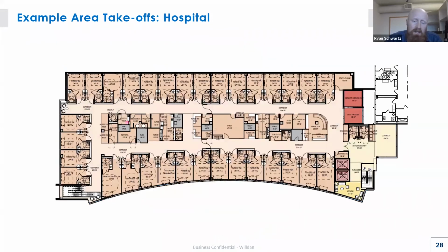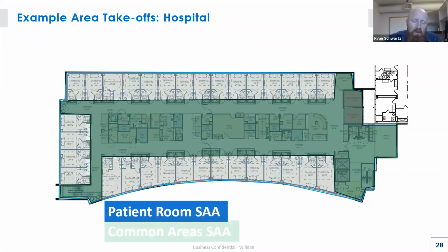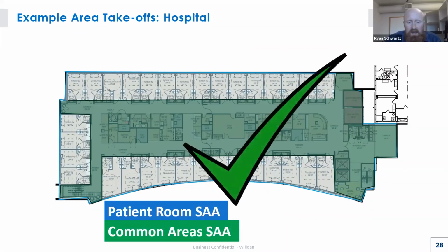So a better means would be to split out the individual patient rooms so they receive the correct ventilation that they would need, and then break out the other areas into more of a common area or any type of space asset area that would better address potentially office or storage things like that within that interior space.